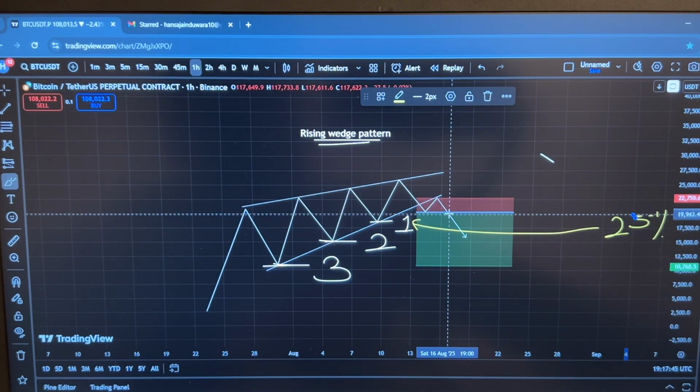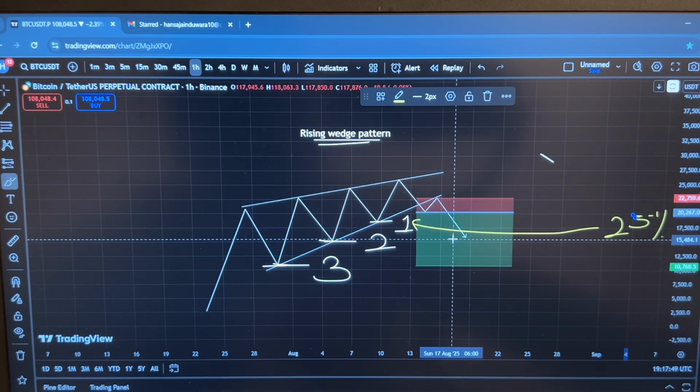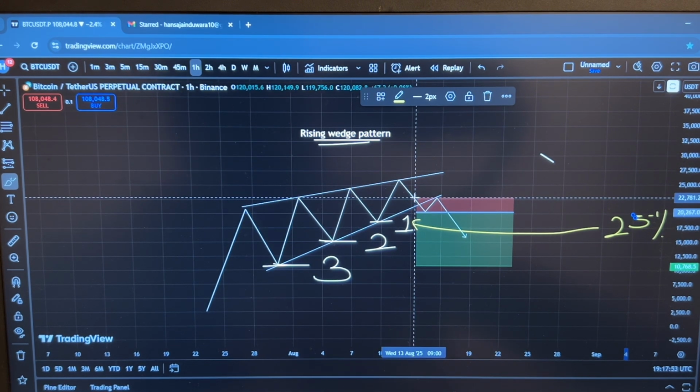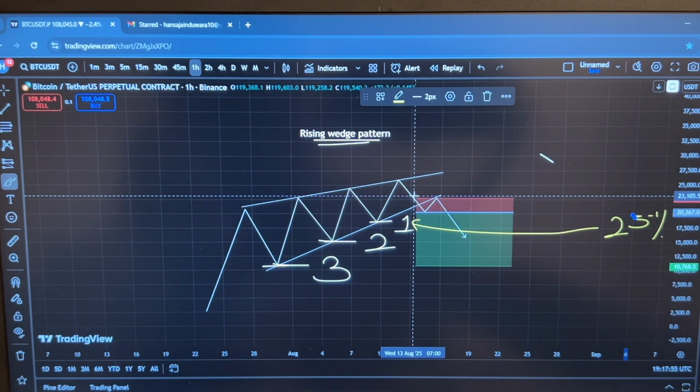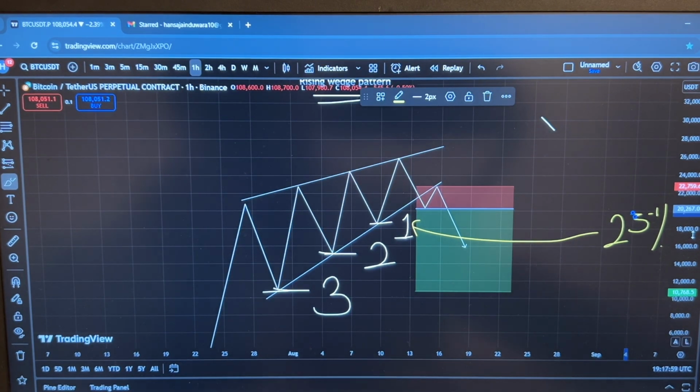And then because the market can actually come up to here and just reverse and go up, it's easier for us, we can protect our positions by using this method.